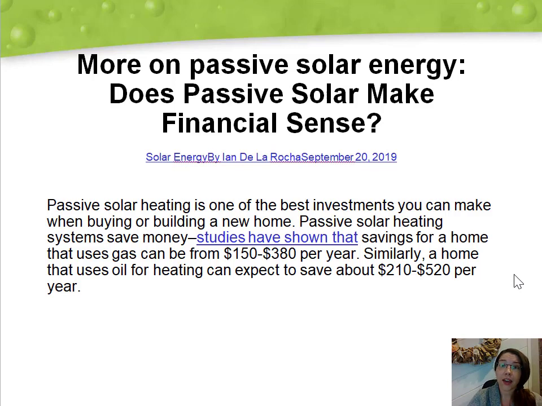So scratch that option off the table. That's why people with existing homes use active solar heating, like putting solar panels on their roofs.